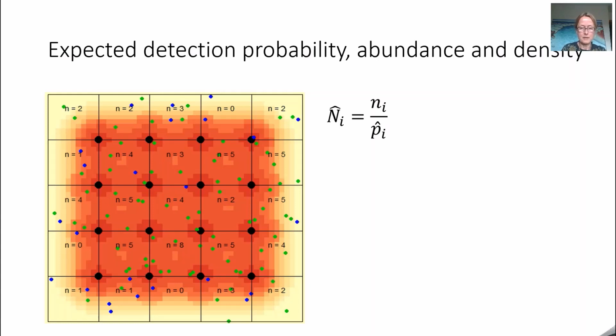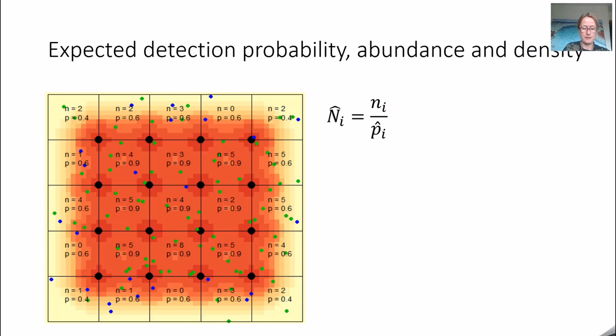So we also need the average probability of detection in that region, which we add now, which is just an average of all the pixels we see in the region, and we'll call this little p_i. So we have a little p_i hat here, and the hat indicates that this is an estimate. This is something we need to estimate.